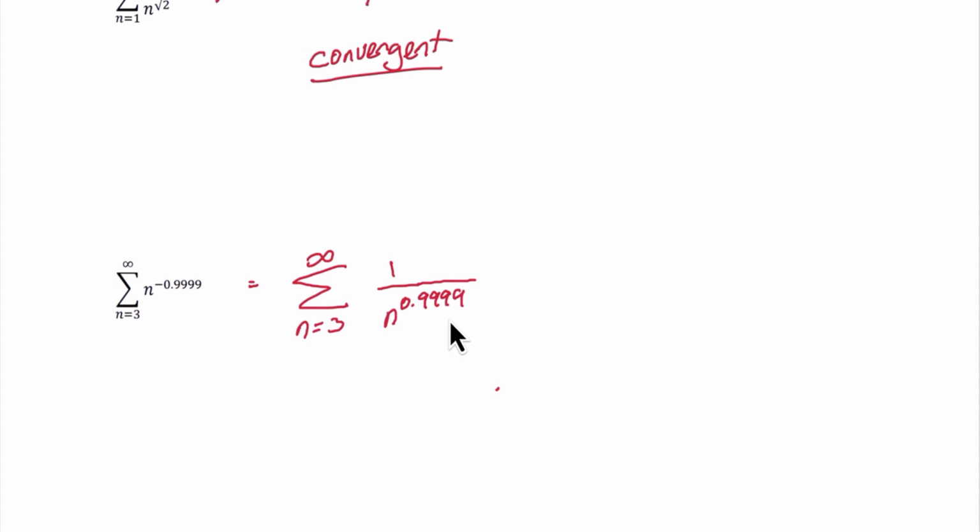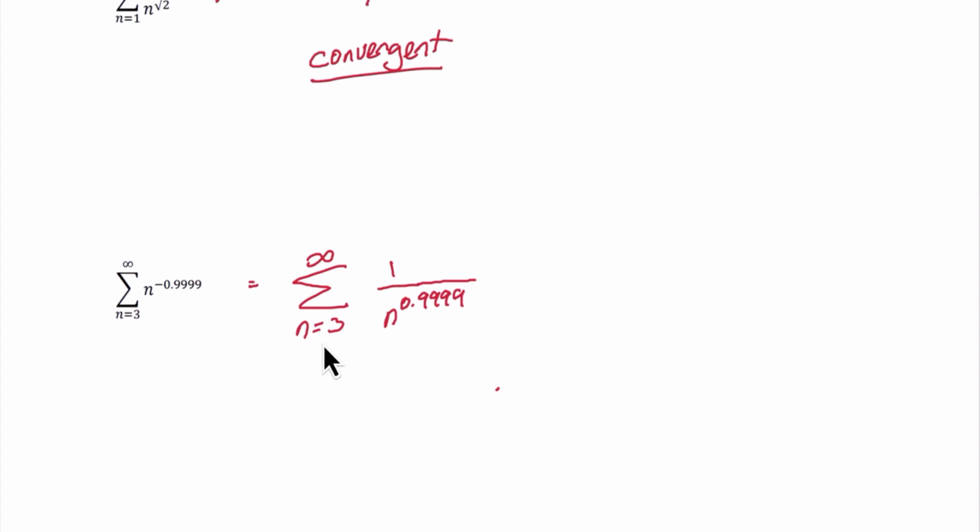This may help us visualize that it is indeed a p-series. Note that the initial series begins at 3. This is irrelevant since we're only determining convergence. We're not trying to find the actual sum. We just want to know, is it convergent or is it divergent?